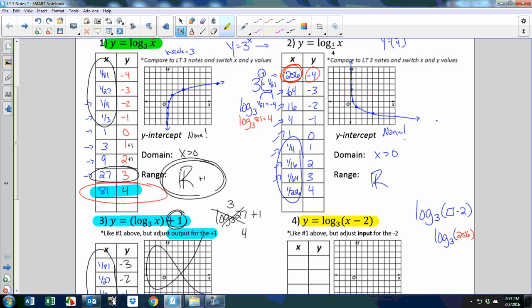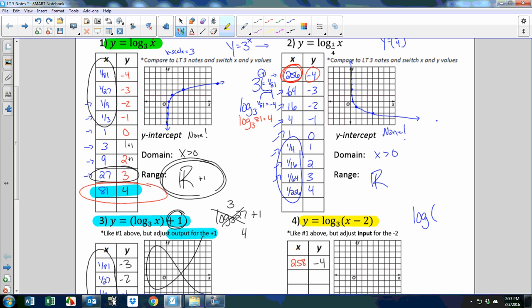Well, if you're going to get 256 after subtracting 2, you're going to have to put in 258 right there, because 258 minus 2 turns into 256. And log base 3 of 256 is, according to our work in number 2 up above, negative 4. So the moral of that story is if you put a 258 in your input, out comes a negative 4.